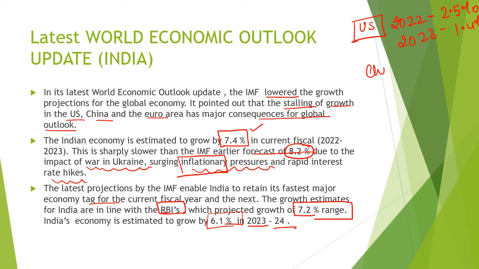Whereas for China in 2022, the growth rate has been projected at 3.3%, and in 2023 it will be 4.6%. Whereas for India, as you can see, the projected growth rate is 7.4%. Now you can compare the growth rates. That is why it has been said that even in the latest projection, India retains its fastest major economy tag. This is very important news, which is why I thought about making a video on this topic.